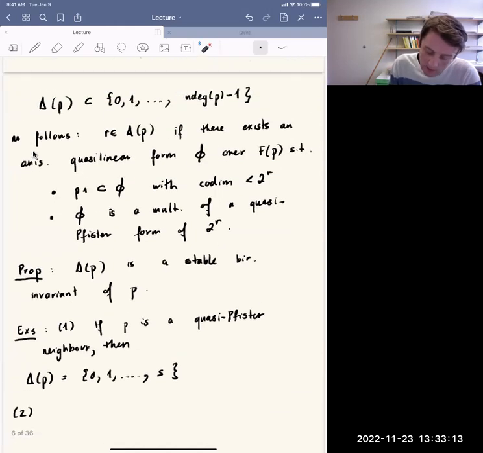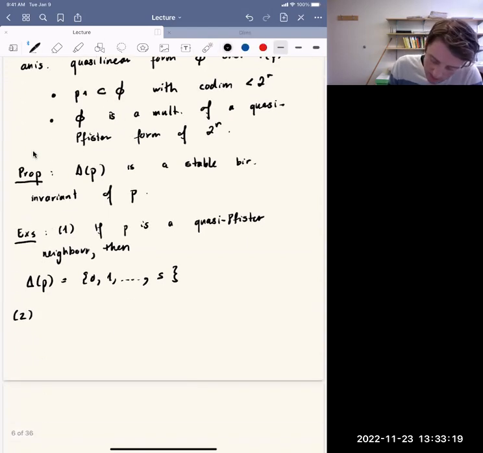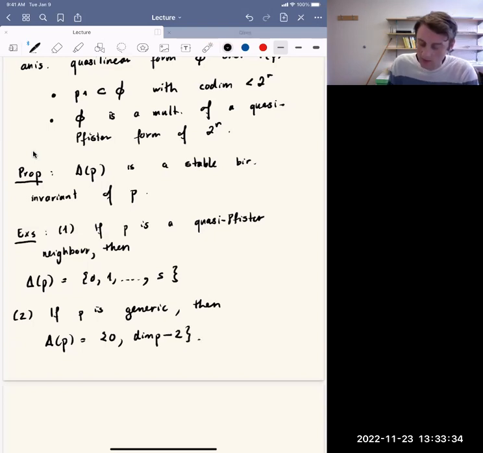but of course, the more complicated your form is, the less and less likely it is that there will exist any such embedding here. And if you go to the extreme case where P is generic, then the only elements of this invariant are 0, and then the dimension of P minus 2, which is again the norm degree of P minus 1 in this case.